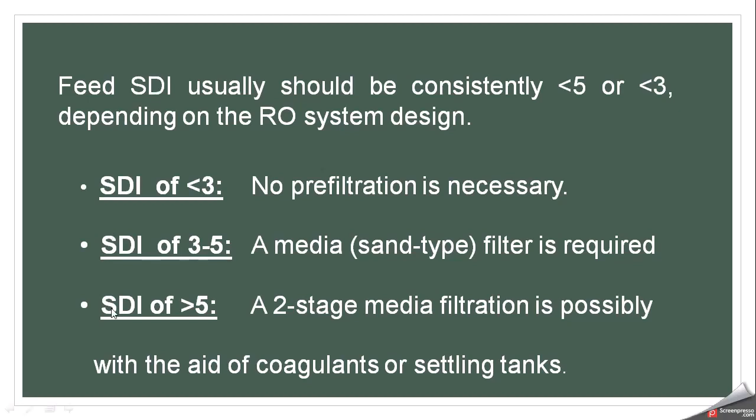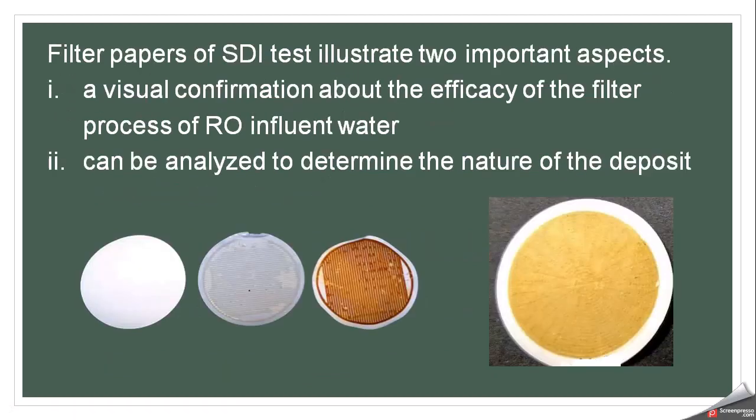So this is basically the scheme based on SDI values. That is, if 3, very good water; 3 to 5, we need a slight pre-treatment; and if it is greater than 5, we need a two-stage and very efficient pre-treatment system.